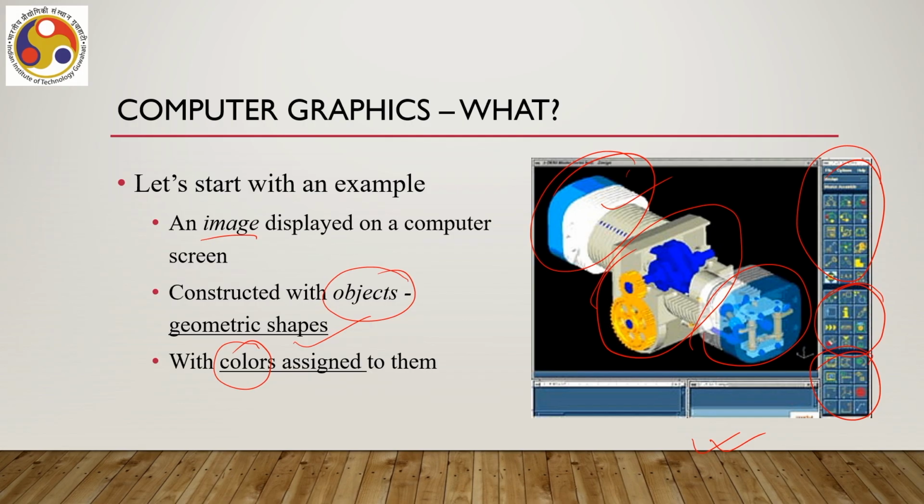And we can also see that colors are assigned to these objects, the main object as well as the interface objects. So, the image is the whole thing, not only the main object. This whole thing is the image displayed on the screen. The image comprises geometric shapes and there is color attached to each shape.